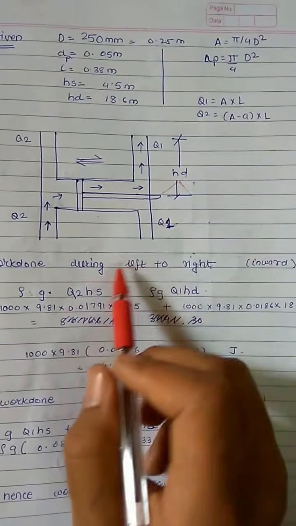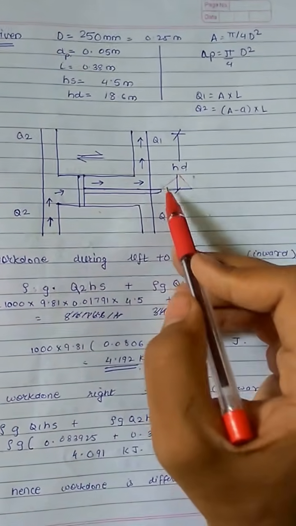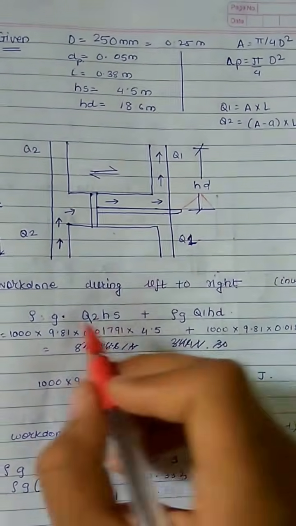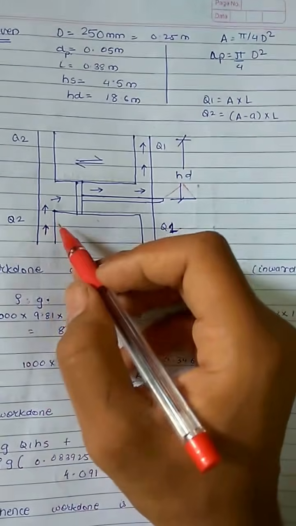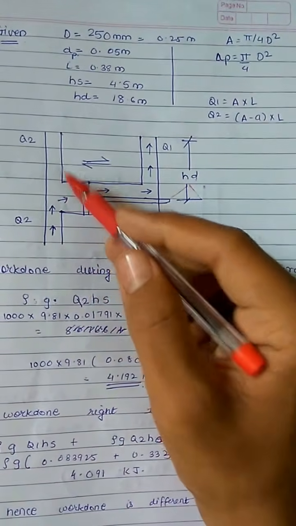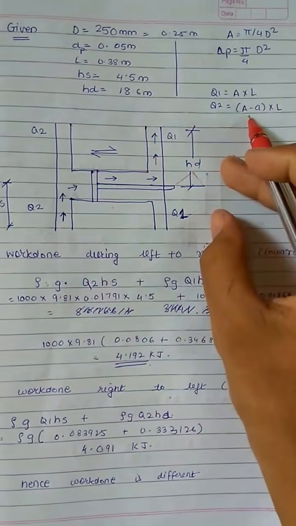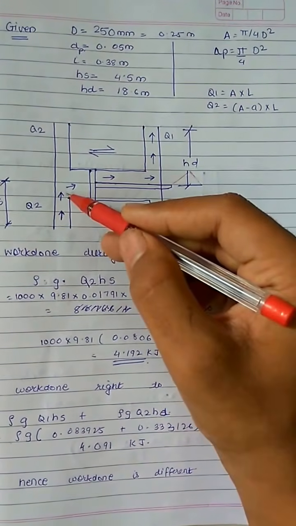So when it goes left to right, the crank will rotate from 0 to 180 and the pump will retract. Therefore rho will be 1000, G will be 9.81. Now let's name the two pipes Q2 and Q1 respectively. For the inward stroke, we will get a discharge from this pipe which will be sucked from this pipe.